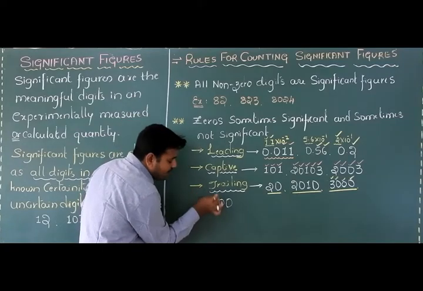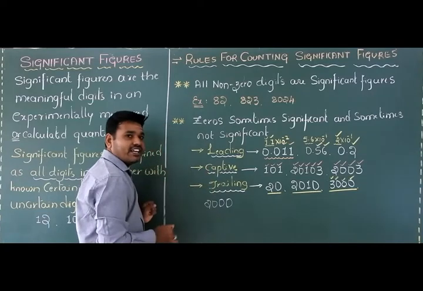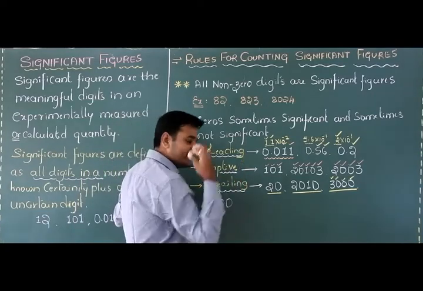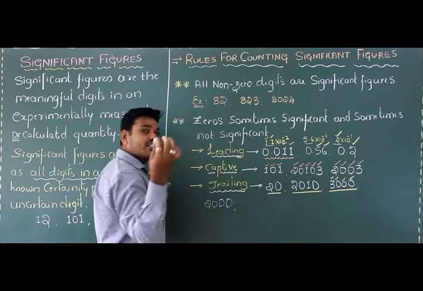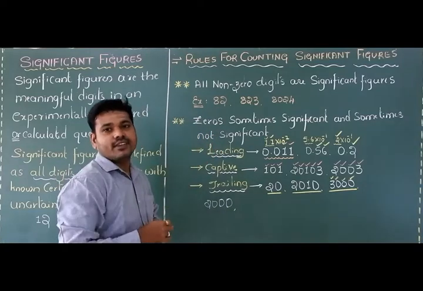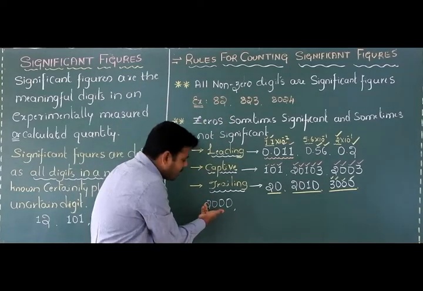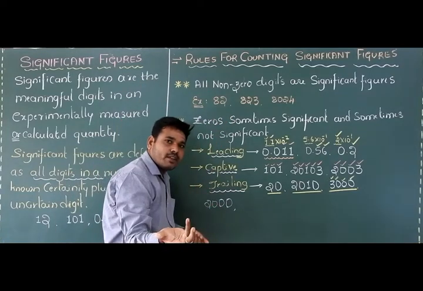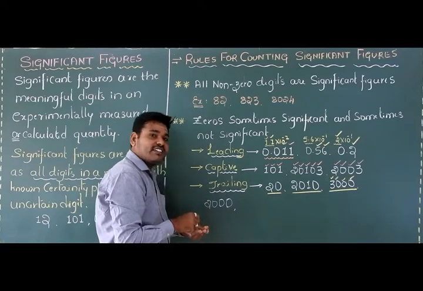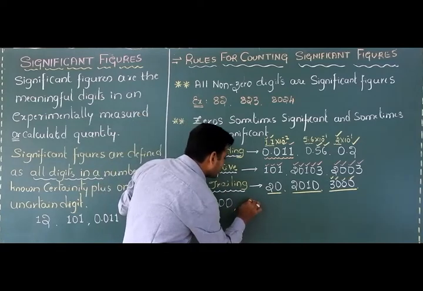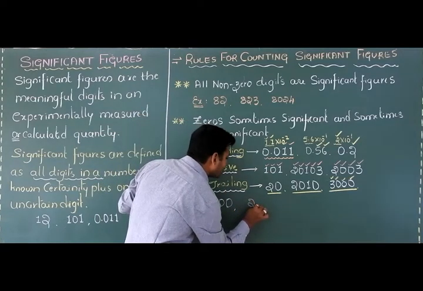This given number may have 1 significant figure, 2, 3 or 4 significant figures in it. And this difficulty can be resolved by expressing the given number in scientific notation, students.